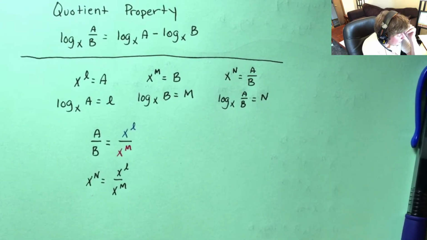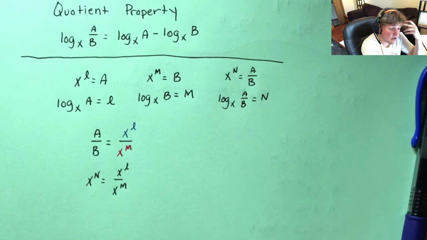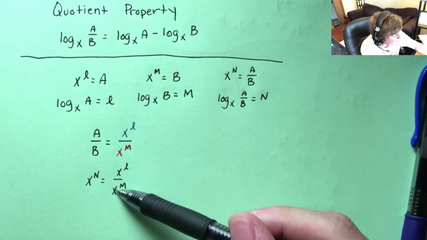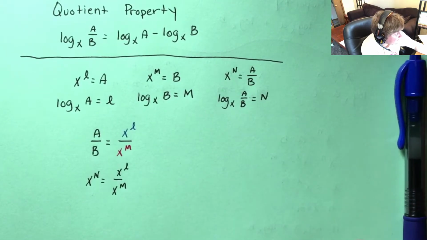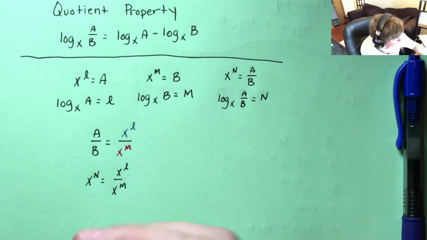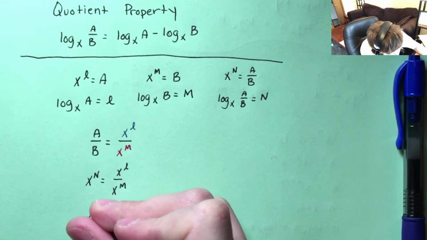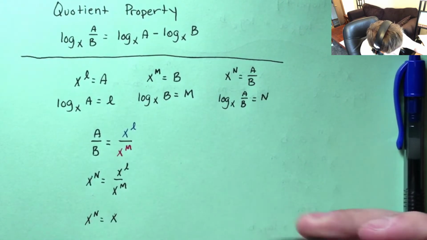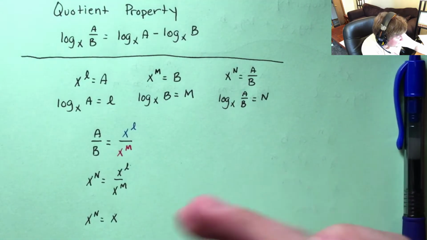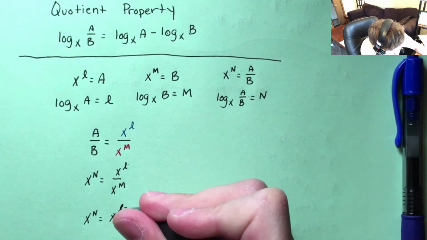Then you're going to need to know a little bit about your exponent properties, specifically when you have the same base, as we do here, and we are dividing, we can just keep the base, x, and subtract the exponents. So this is going to be L minus m.